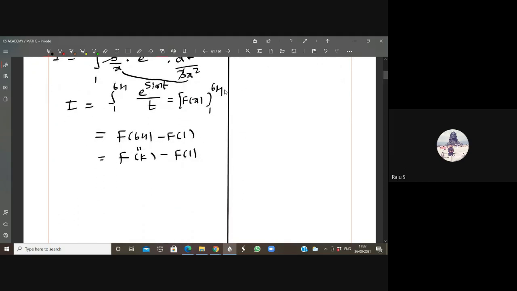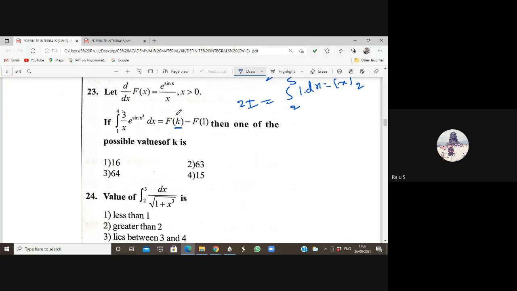Finally we got the integral from 1 to 64 of e power sin t, whose value is capital F of t. Substitute the upper limit minus the lower limit and compare with the RHS. Comparing with the RHS, the k value is 64. That's all. Mostly we will get either 64 or the cube of some value.